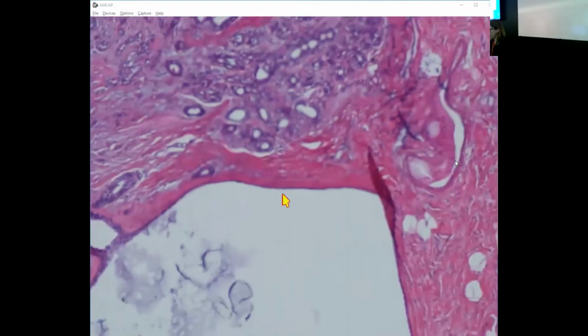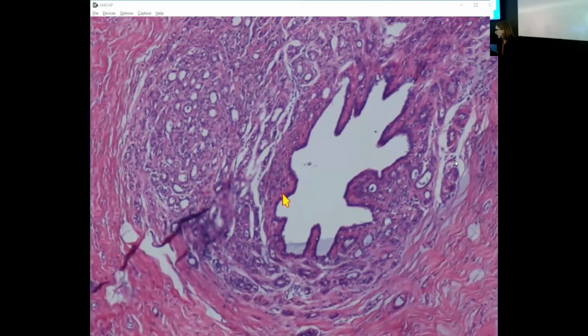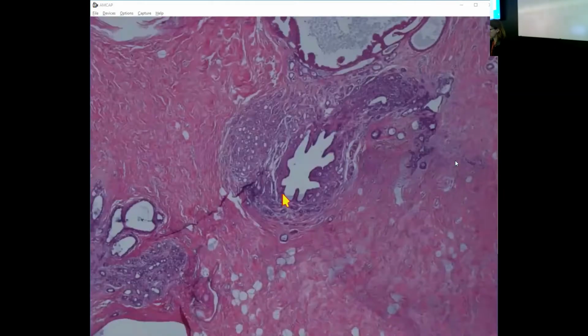They look compressed and a little attenuated, but they retain their lobular centricity. They don't look like they're infiltrating out, so it doesn't look like invasive cancer, at least on this scanning magnification view. All right, so it looks like sclerosing adenosis.